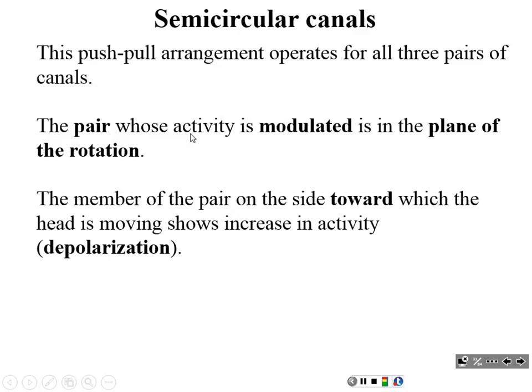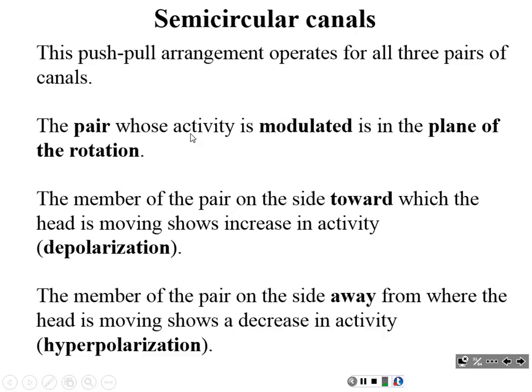The member of the pair on the side toward which the head is moving shows increasing activity. In my example, the head was moving towards the left, and the left horizontal semicircular canal increased the firing rate. And the member of the pair on the side away from where the head is moving shows a decrease in activity, hyperpolarization. Okay?